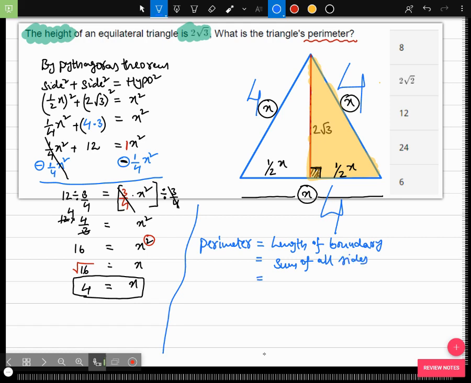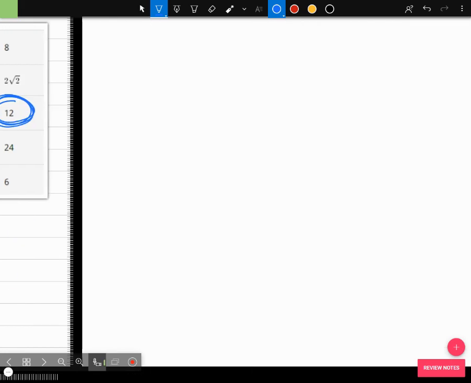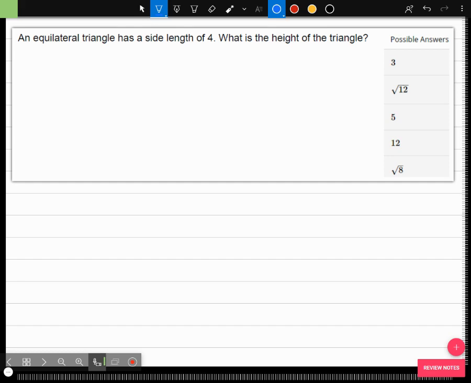Just now we got each side is 4. Each side is 4. Therefore 4 plus 4 plus 4 gives us 12 units. Therefore, here is the answer. Okay. The next question.